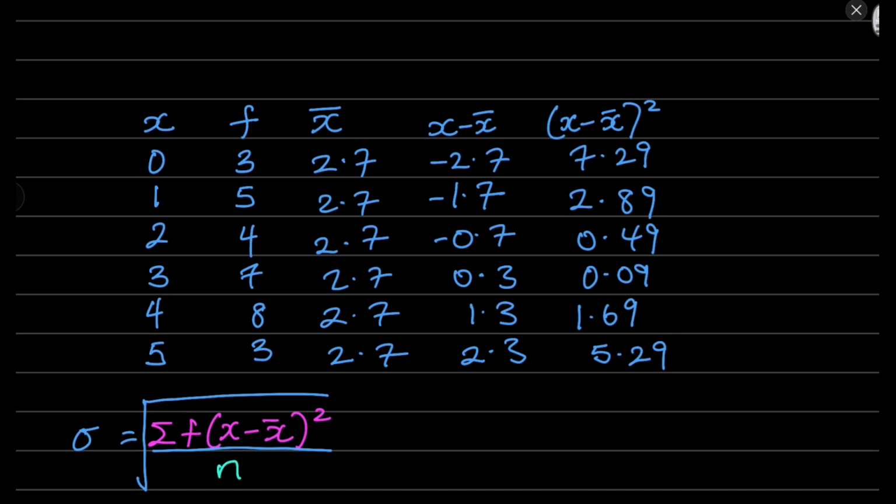Moving on, back to the formula. Now we've gotten our squared deviations. The formula says you multiply your squared deviations by f, and these are your f values. So let's get f times our squared deviations.